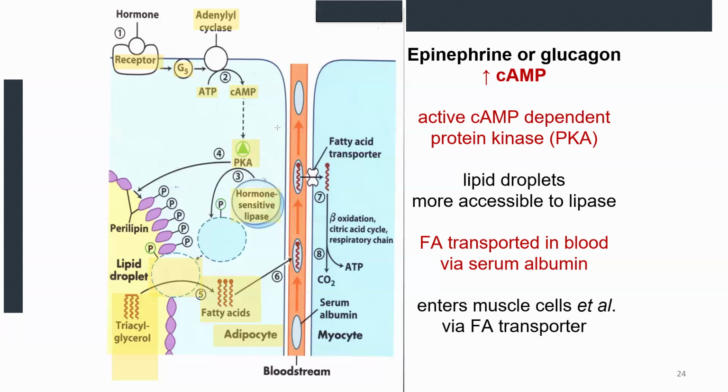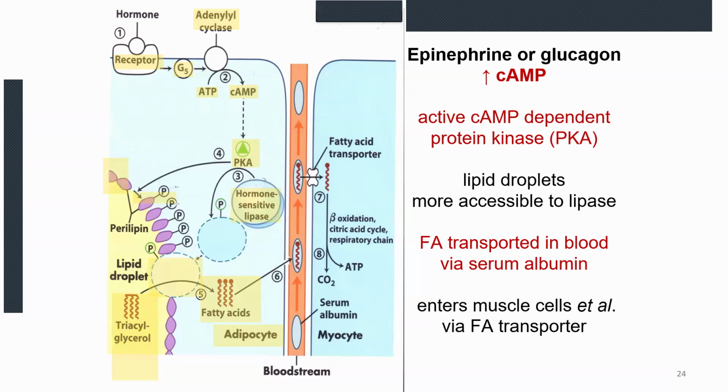Okay, great. Now there's another thing that protein kinase A is doing. It is phosphorylating this protein that is wrapped around a bunch of lipids, on the exterior of a lipid droplet. That protein is known as perilipin. When perilipin is phosphorylated, which is what we see right here, then the landing place for hormone sensitive lipase is more available.